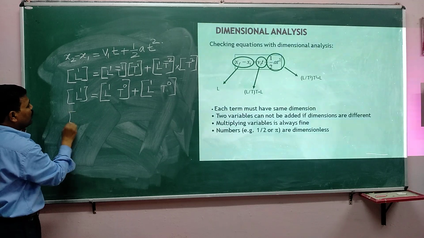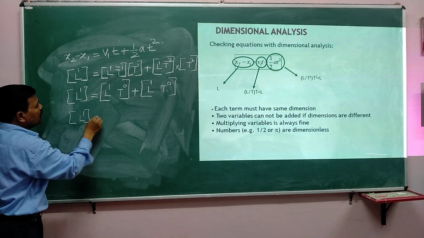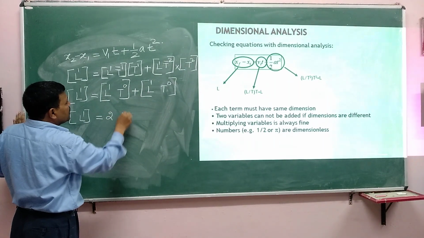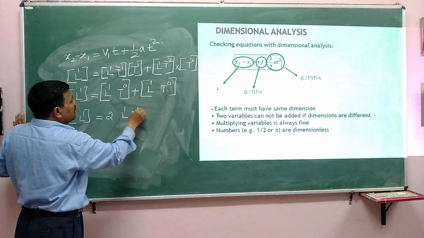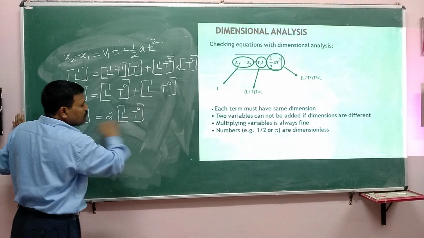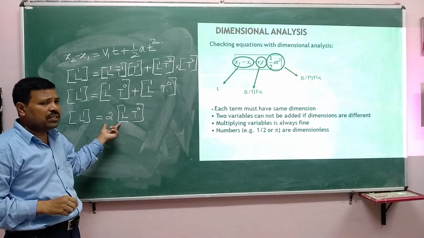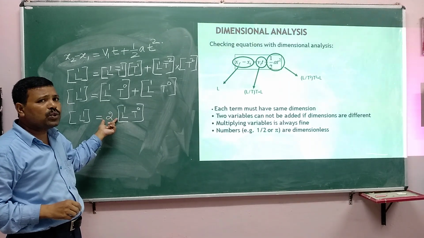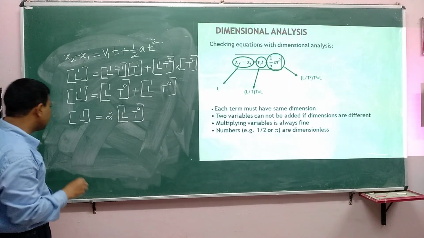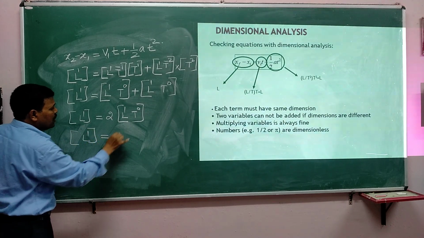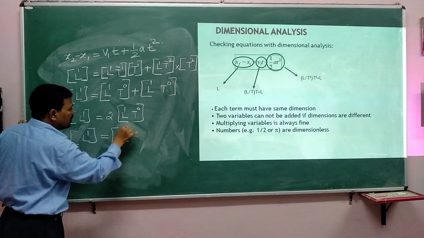Now here we write L raised to 1 equal to L raised to 1 T raised to 0 plus L raised to 1 T raised to 0. The number has no dimensions. So we can write that L raised to 1 is equal to L raised to 1.